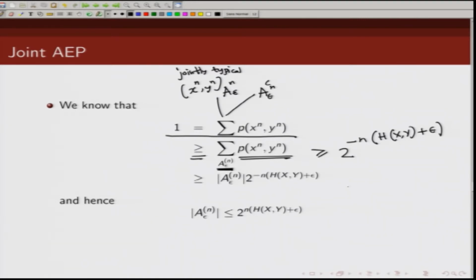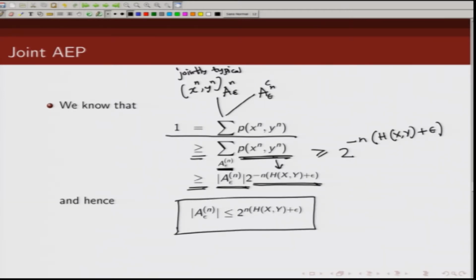And so we are replacing this by a smaller quantity, so that's why we again get greater than or equal to, and so the number of elements in this jointly typical set multiplied by the lower bound on this joint probability has to be less than or equal to 1, and from here we get the condition that the number of elements in this jointly typical set is less than or equal to 2 raised to the power n times the joint entropy of X and Y plus epsilon.